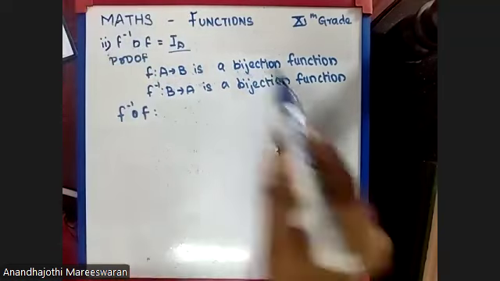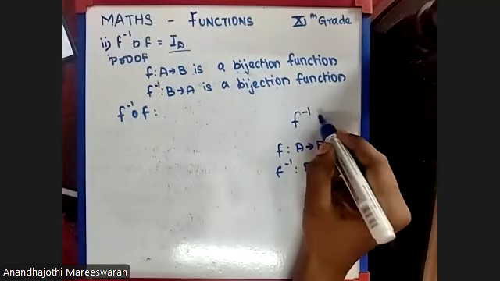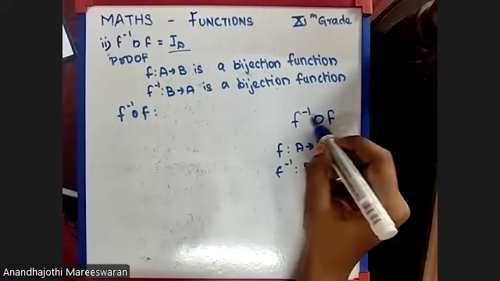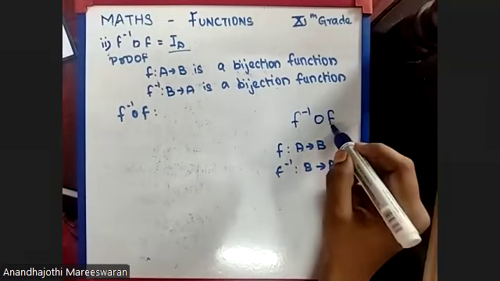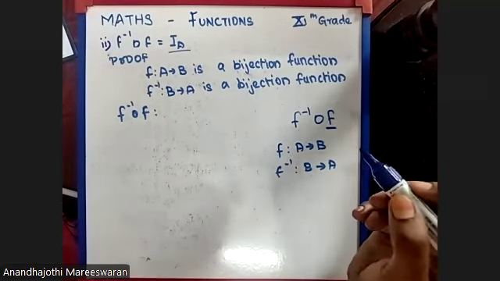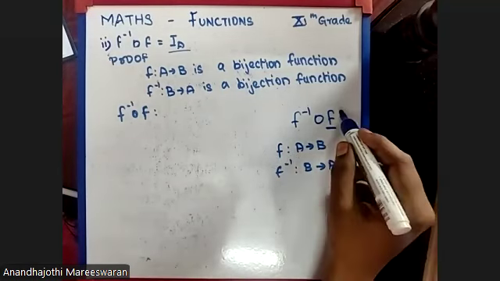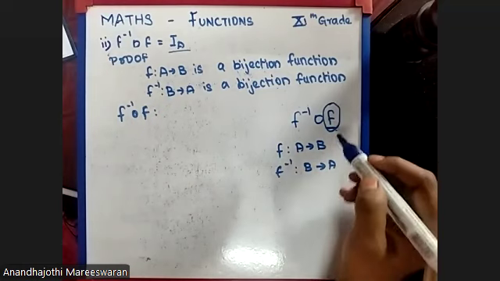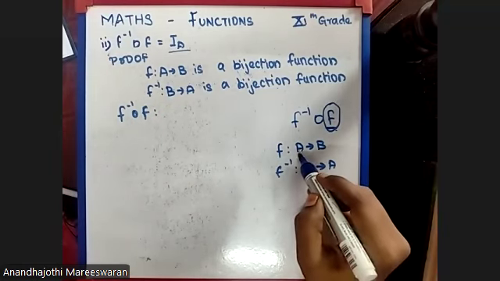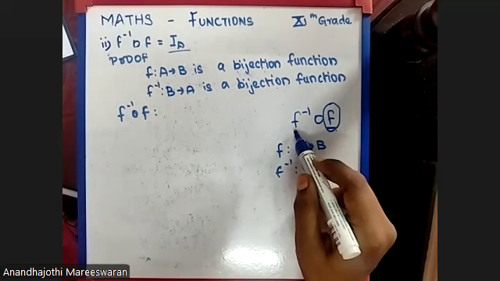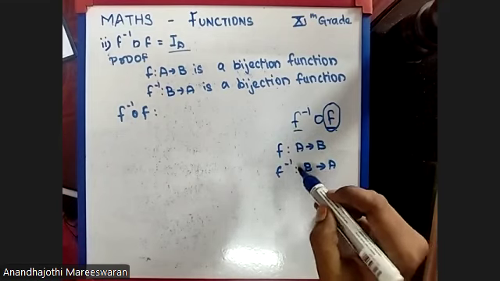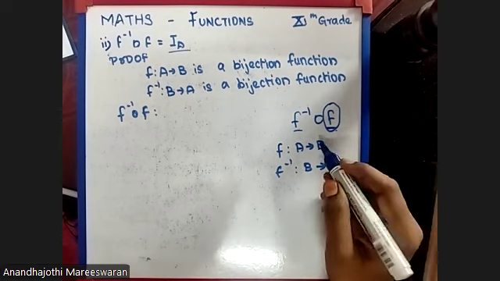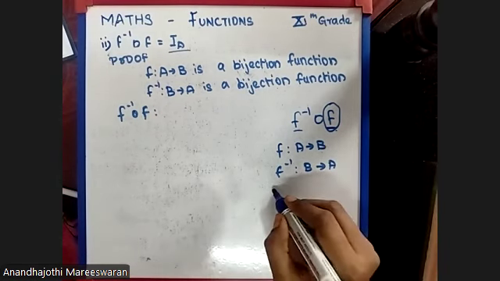We are going to write the domain for F inverse circle F. Whom do we write first? The one on the right hand side. So we start from this guy. F maps A to B. Then F inverse maps B to A. So what will be the final?